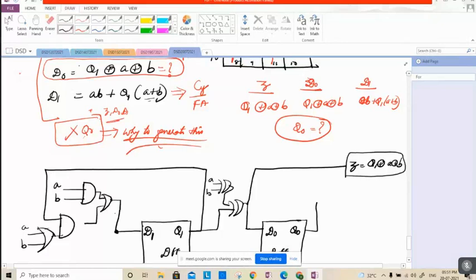The carry is equal to AB plus Q1 into A plus B. Is it clear for everyone?